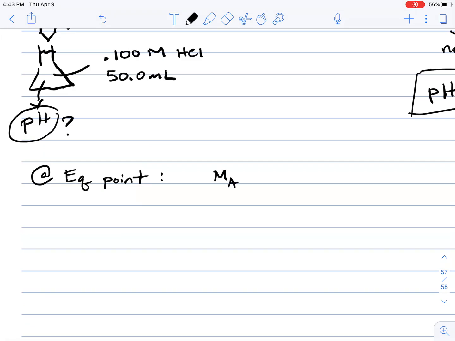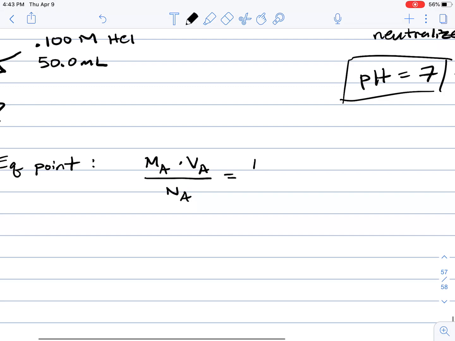The molarity of the acid times the volume of the acid, divided by the number of moles of acid, is equal to the molarity of the base times the volume of the base, divided by the number of moles of base.